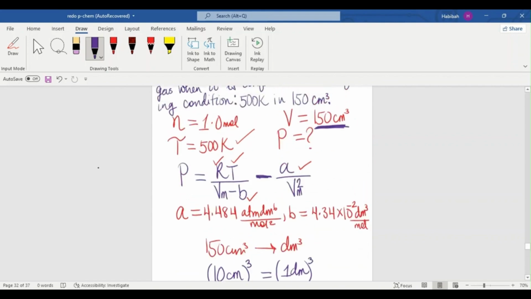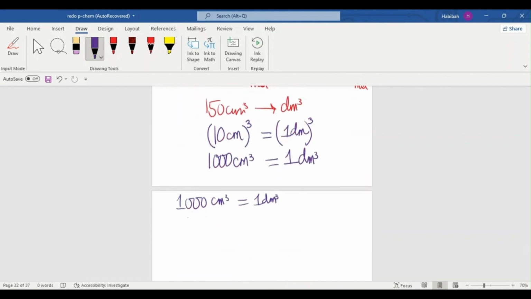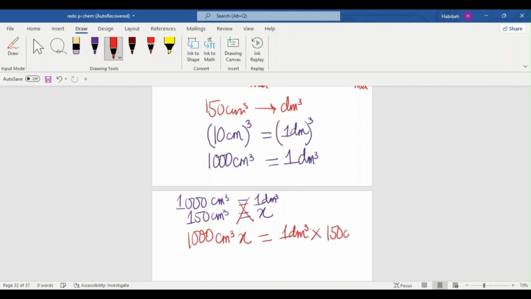Hence, you're given 150 centimeter cubed. So 150 centimeter cubed would give you what? X, right? So let's cross multiply. You have 1000 centimeter cubed times X is equal to 1 decimeter cubed times 150 centimeter cubed. So you divide both sides by 1000 centimeter cubed.